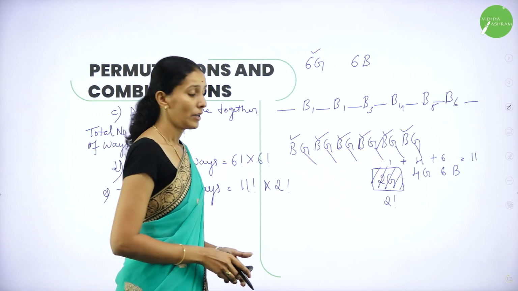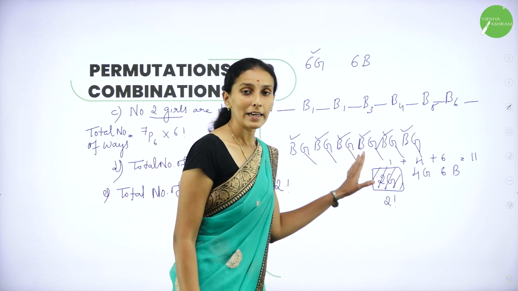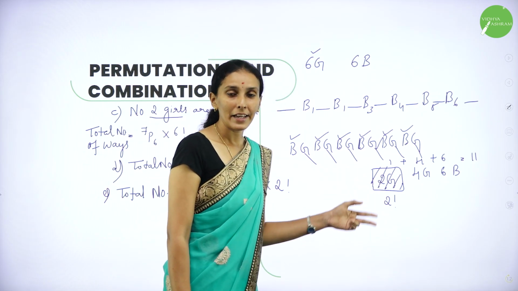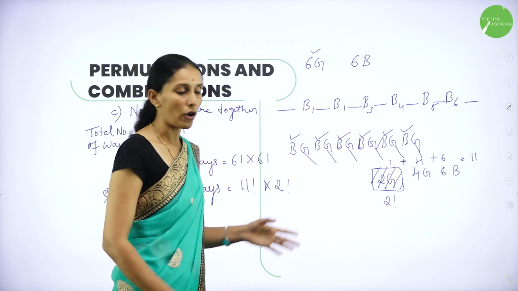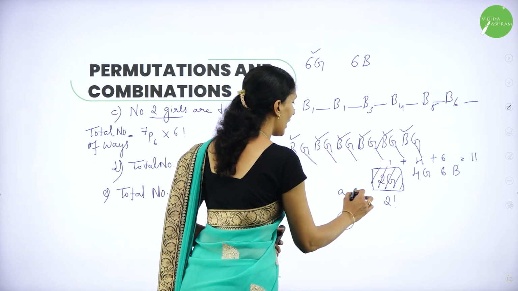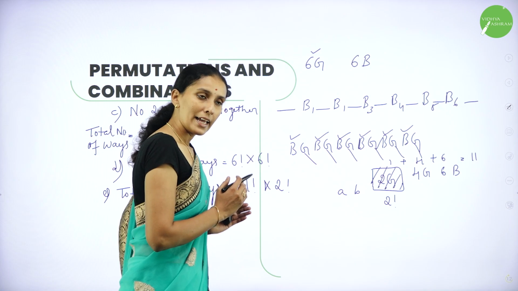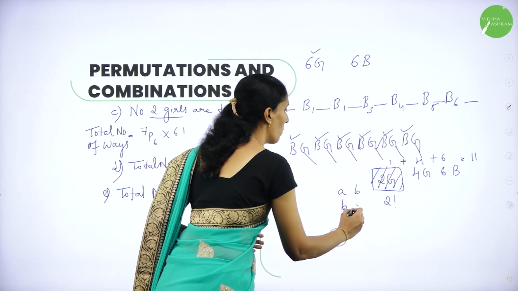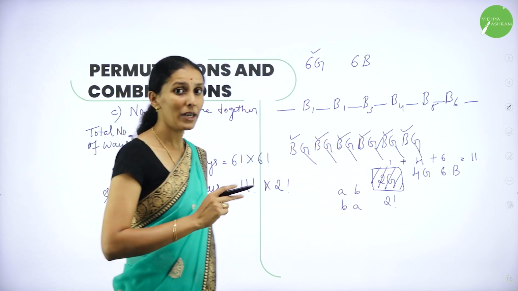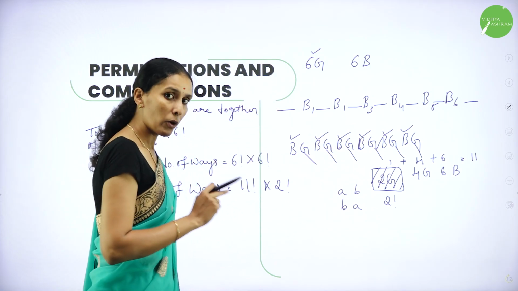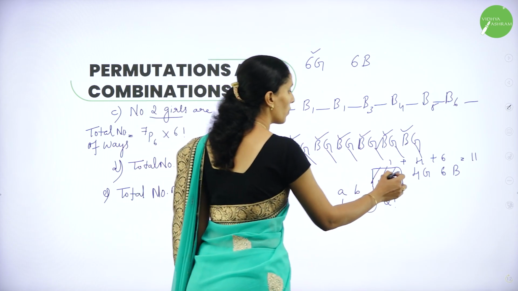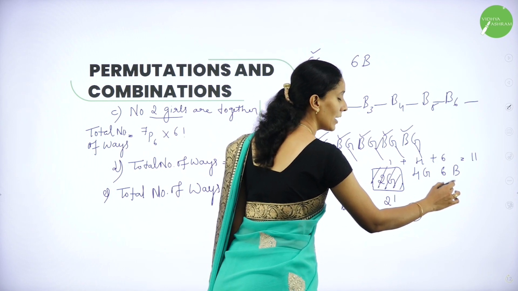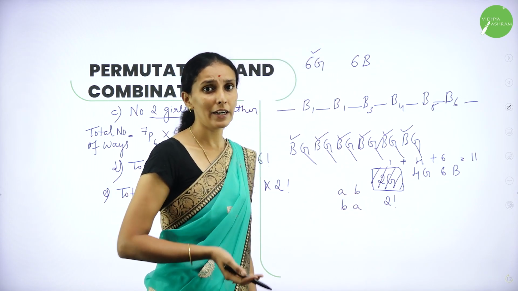What is this 11? Because 2 girls are together. So 2 factorial arrangements can be made between them. As I already said, you have girl A, girl B. First, A can be seated, after that B can be seated, or it can be seated in the form BA. So there are 2 arrangements between them. But what about the total arrangement? Since we have taken 2 girls as 1 unit, the remaining 4 girls and 6 boys can be seated in many different ways.